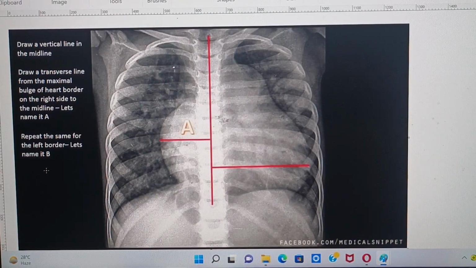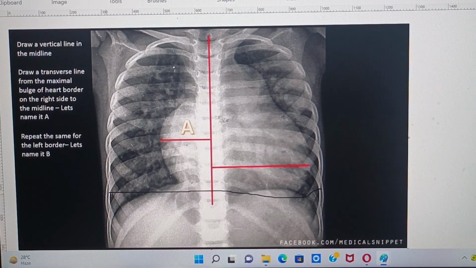Then how to measure cardiomegaly? Cardiomegaly means the heart size is increased. First of all, take the length, that is the cardiothoracic ratio.